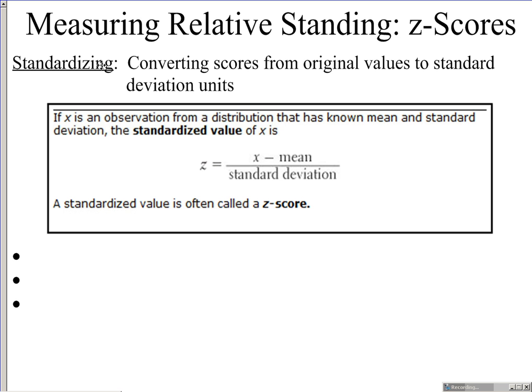If you can imagine, I have a long stick here. It's got three sides on it, so it's triangular. On one side, I have the units in inches. On another side, I have the unit in centimeters. And on the third side, I have the value in z-scores. And I was going to measure each one of your heights.